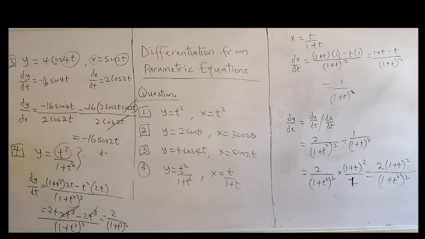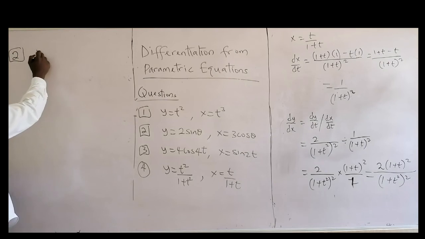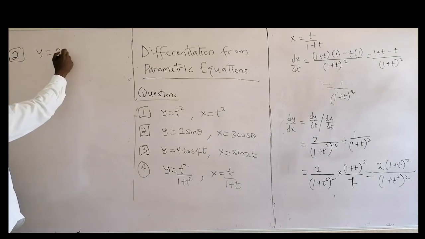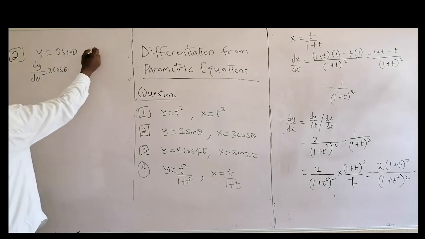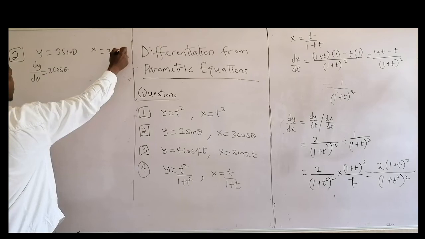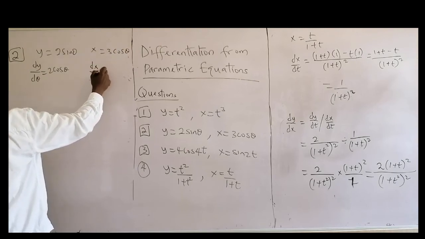Let's quickly do number 2. Number 2, y equals 2 sin theta. So we can get dy/d theta, which is what? 2 cos theta. And then x is what? 3 cos theta. Okay, we can get dx/d theta, which is what?